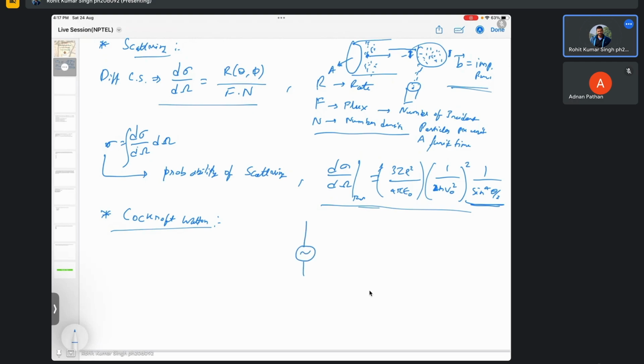So you have an input source like this, and then you have a combination of diodes and capacitors like this.